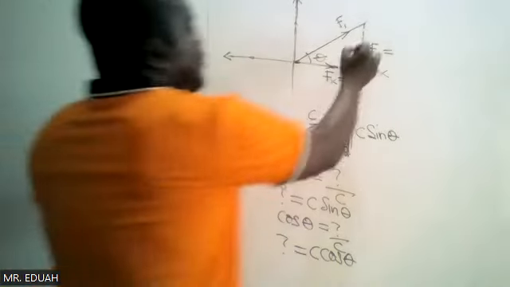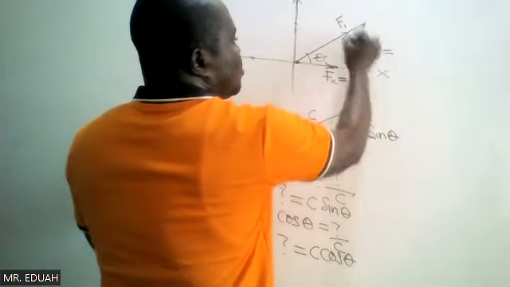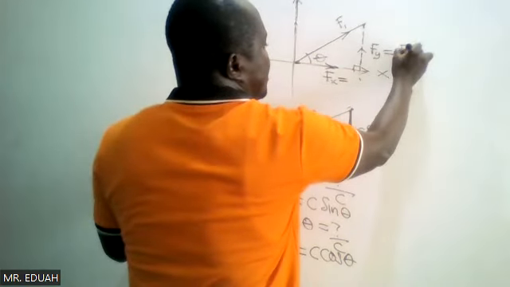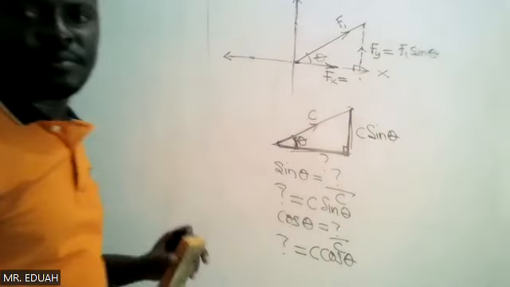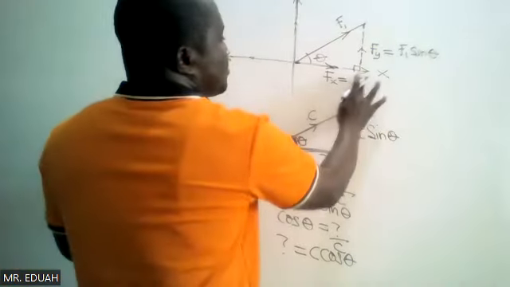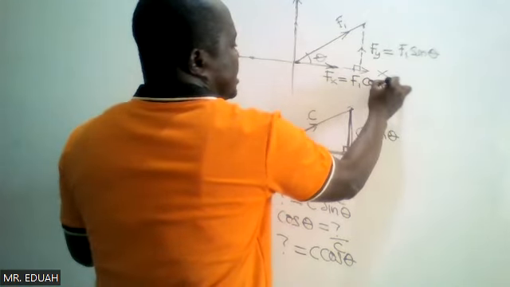So it means that if I'm looking for this part, it will be F1 sine theta. Then the adjacent will also be F1 cos theta.